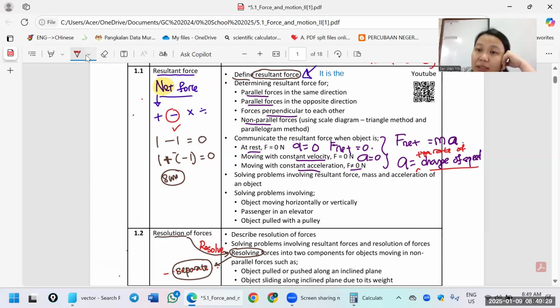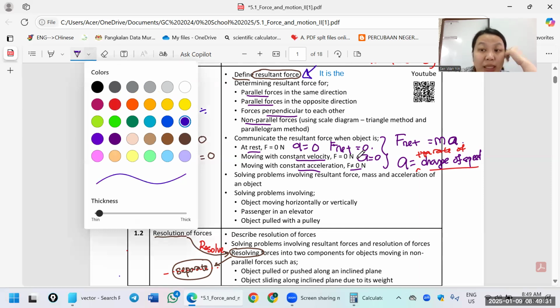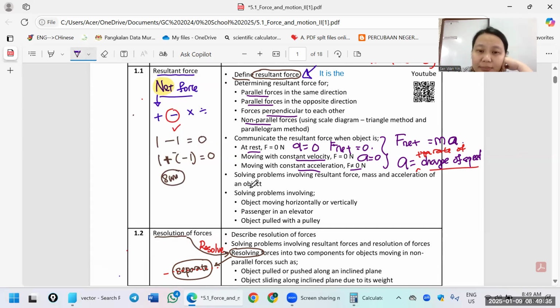Okay, as long as there is a change of speed, speed increases or speed decreases, we have acceleration. Okay, now solving problems with resultant force, mass, and acceleration. So solving problems involving an object moving horizontally, vertically, a passenger in an elevator, and then the pulley. These are the last three we studied.